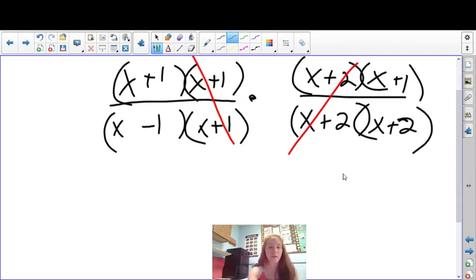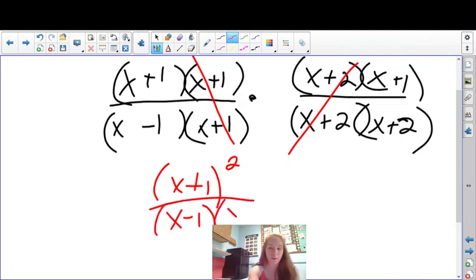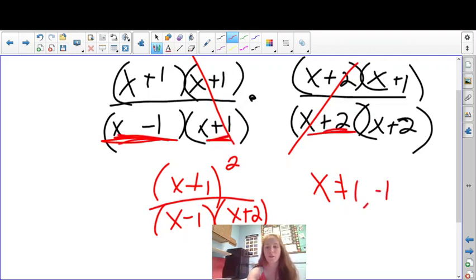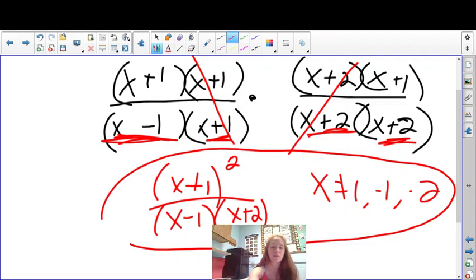So I'm left with x plus 1, technically squared because there's 2 of them, over x minus 1, x plus 2. X cannot be equal to, well, this one would be 1, this would be negative 1, this would be negative 2, and then this would be negative 2 again, so I'm not going to repeat myself. There's my answer.